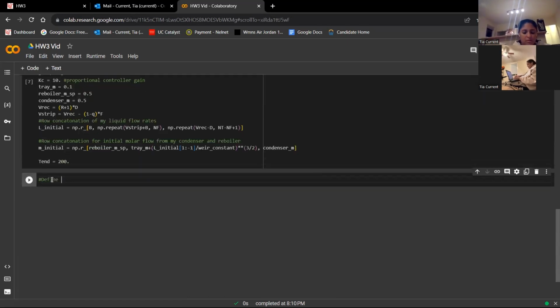Now we have to define the right-hand side of my divvy cubes.